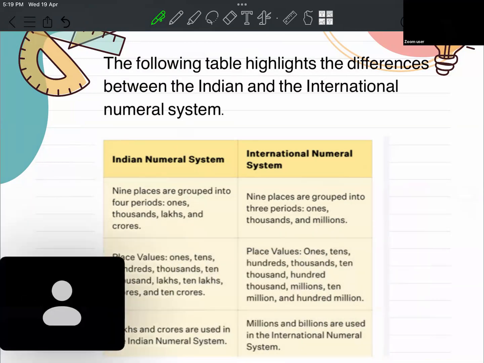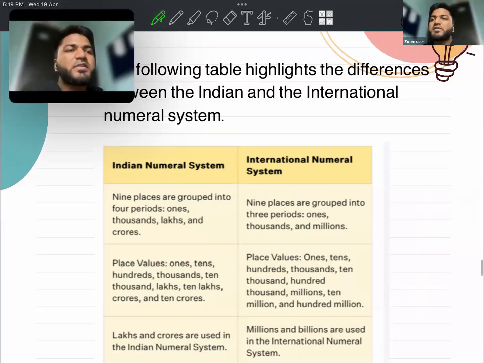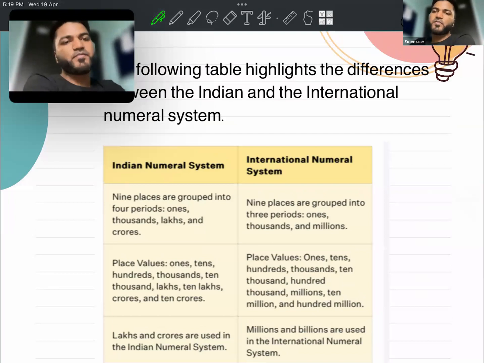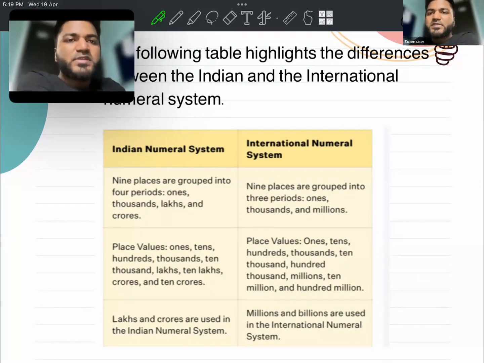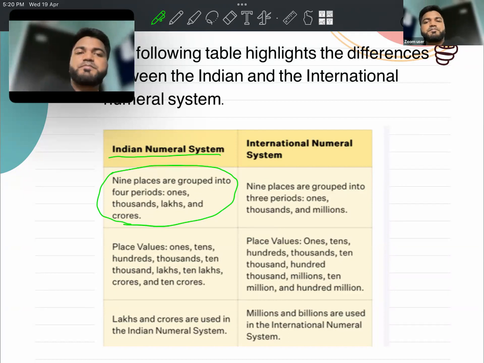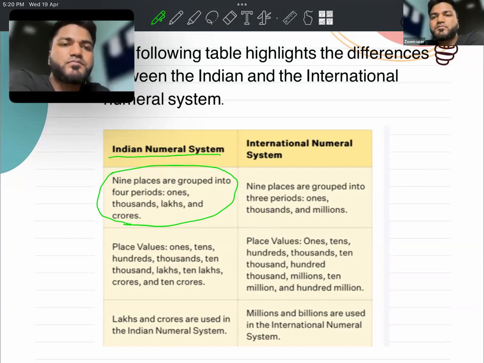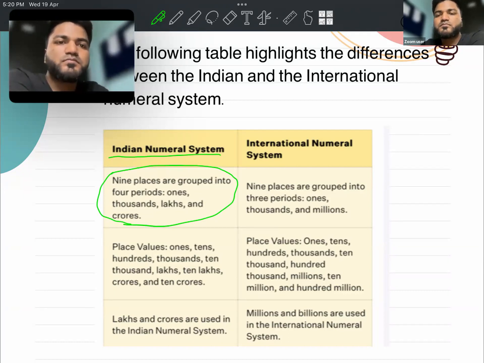take a look at the differences with the help of this table. In this, the differences between the Indian and international numeral systems have been highlighted. Read this paragraph. 9 places are grouped into 4 periods: ones, thousands, lakhs, and crores.